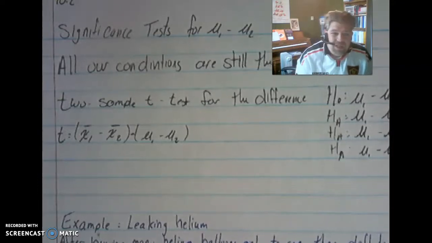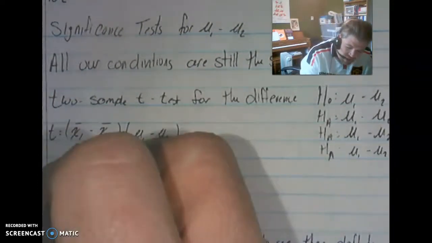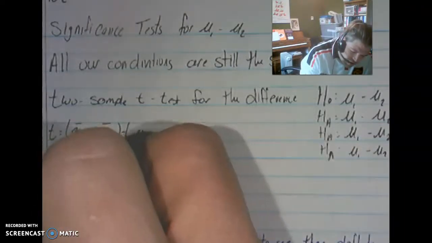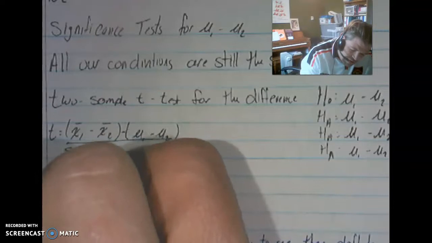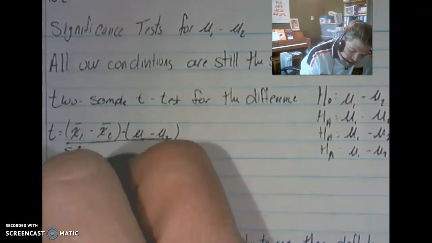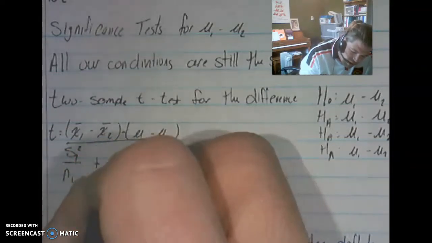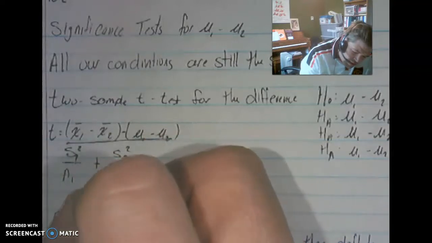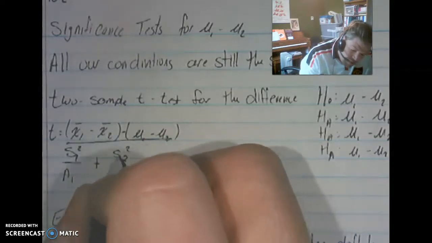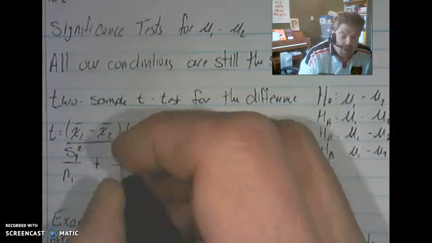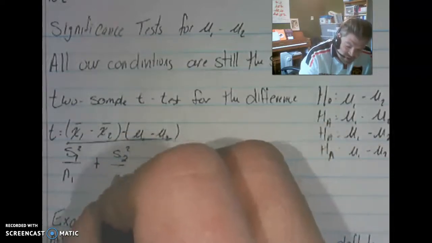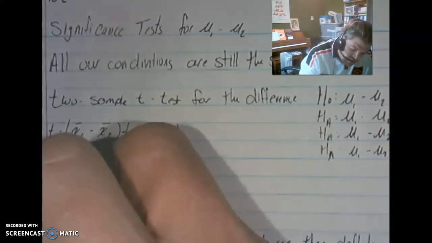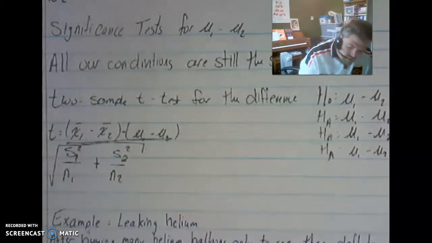And then we're going to divide this by the square root of the sample standard deviation squared of sample 1 divided by n1, plus the sample standard deviation squared of sample 2 divided by n2.